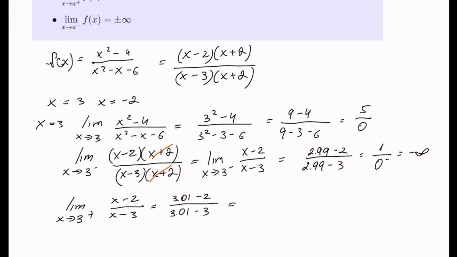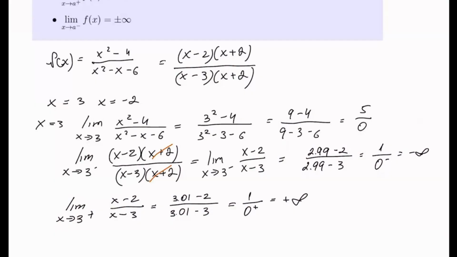As you can see, on the top we have something close to 1, and in the denominator I have a value that is approaching 0 from the positive side. So I have here positive infinity. So x equals 3 is a vertical asymptote.